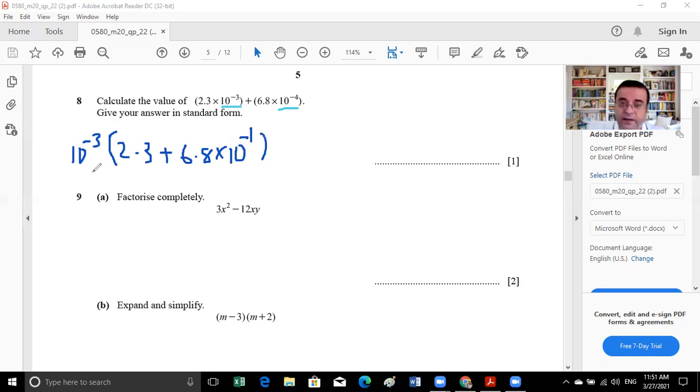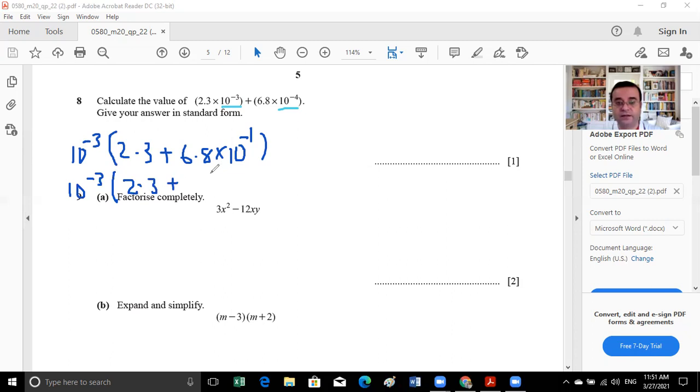Again, I'm teaching you in case they ask you to show your work. If they ask to show your work, this one jumps to 3 or 4 marks. So 10 to the power 3, we keep it. Now, this one can be written 2.3 plus 6.8 times 10 to the power minus 1. That means 6.8 divided by 10.